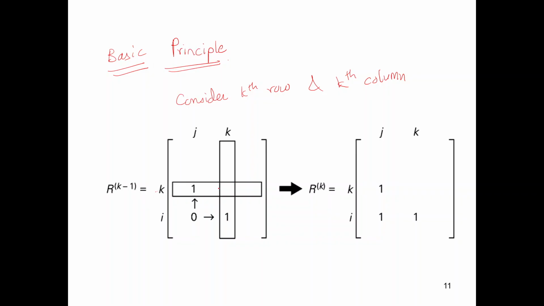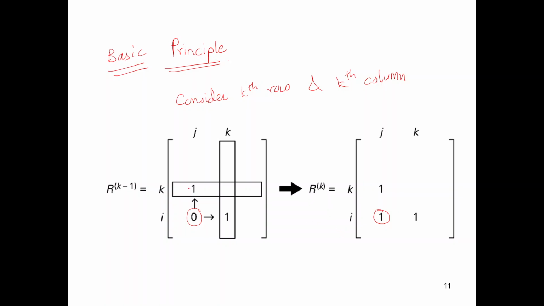kth column. And if you find that for the jth element within the kth row and for the ith element within the kth column, if those are both 1, then their intersection should be changed from 0 to 1.